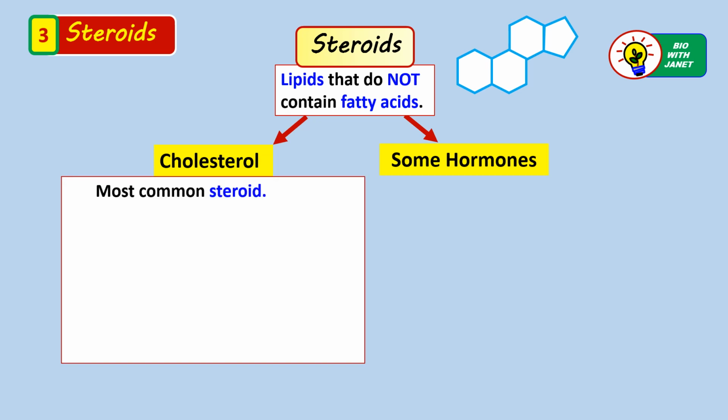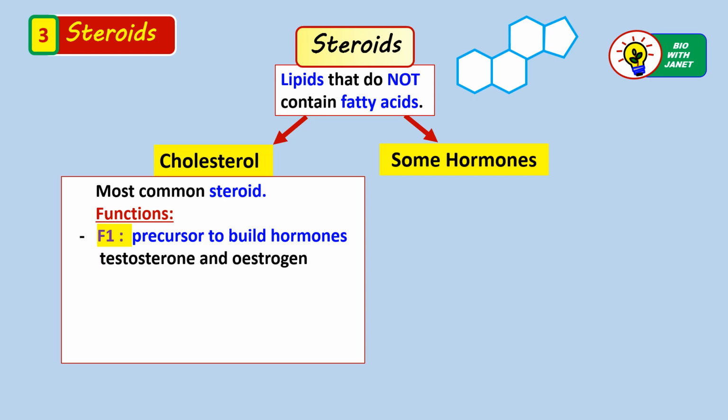Now, cholesterol is the most common steroid and is also produced in the human body by the liver. Its function is very important because cholesterol is needed as a precursor, that means as the main substance, to build hormones such as testosterone and estrogen. That means before testosterone and estrogen can be formed, you must have the cholesterol molecule. And then from there, it will be able to form the testosterone and estrogen molecules.